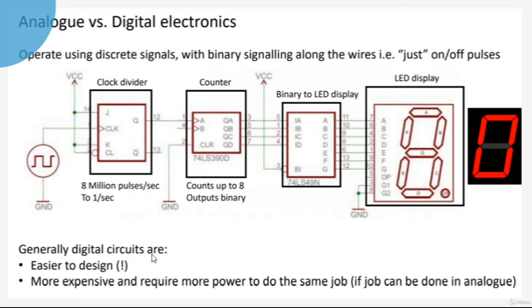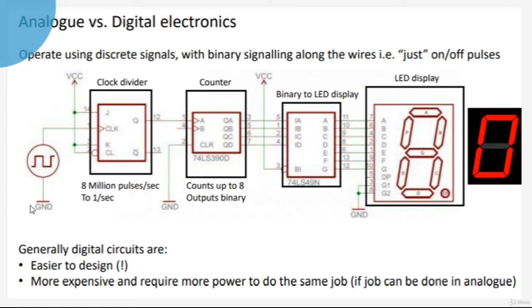Generally, digital circuits are easier to design but more expensive and require more power to do the same job, if the job can be done in analog. So that means that the digital circuit is very easy to design, but it is very expensive and requires more power to do the same job, if the job can be done in analog, of course.